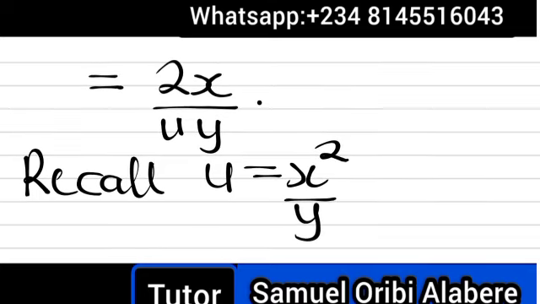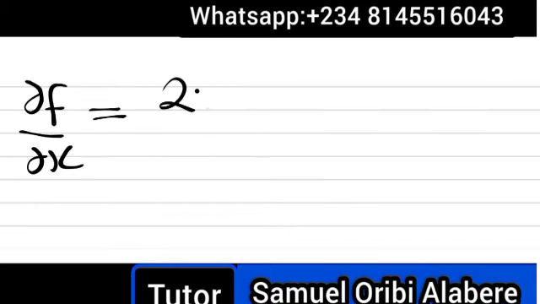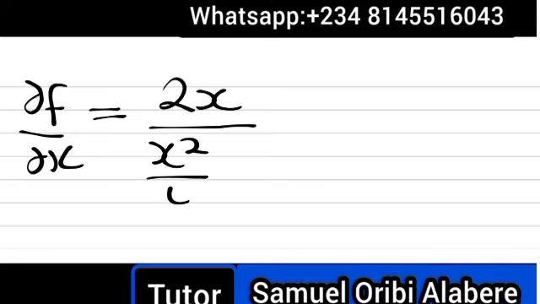So when we substitute it into this, our partial derivative of f with respect to x will be equal to 2x all over x raised to the power of 2 all over y times y.